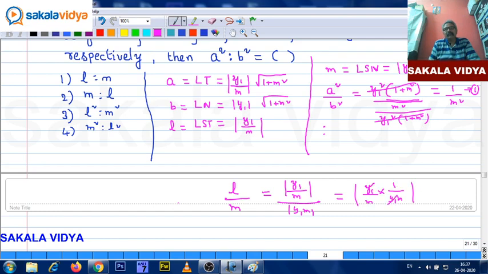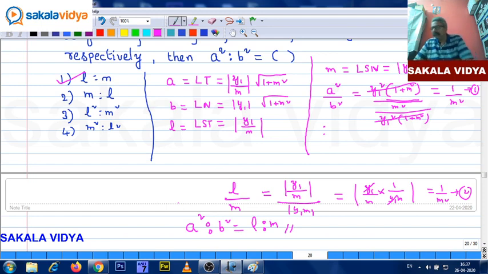This y1 gets cancelled, 1 by m square. This is equation 2. That means A square is to B square is equal to L is to M. So, the first option is the right option.